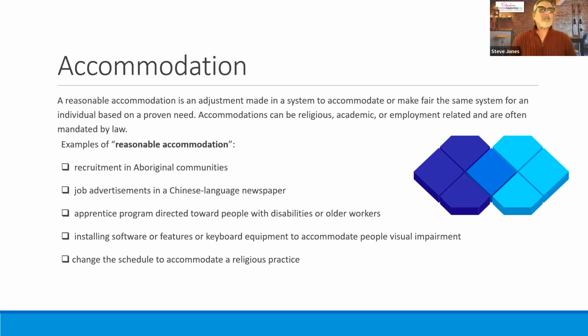Some people might say, that's just smart business, Steve. Well, guess what? When you attract, retain, employ, and serve customers that fit into all areas of prohibited grounds, so people of all genders, all ages, all religions, all ethnic backgrounds and colors of their skin, people with all abilities and disabilities, when we employ people like that, and serve customers like that, and develop a business that does that, we're likely to be a heck of a lot more profitable and a heck of a lot more marketable.